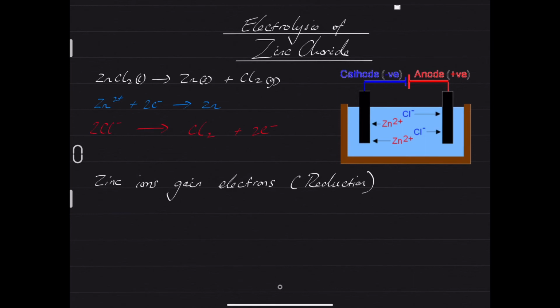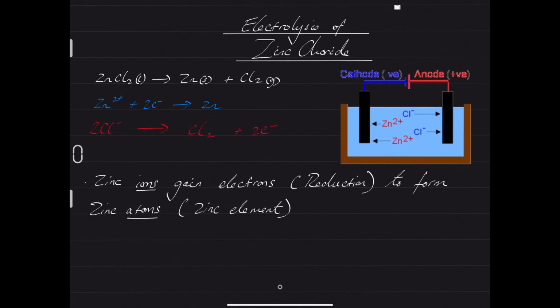So zinc ions gain electrons to form zinc atoms. Notice the difference: zinc ions, zinc atoms. And by forming the zinc atoms, you are forming zinc element. Okay, so that is for zinc.